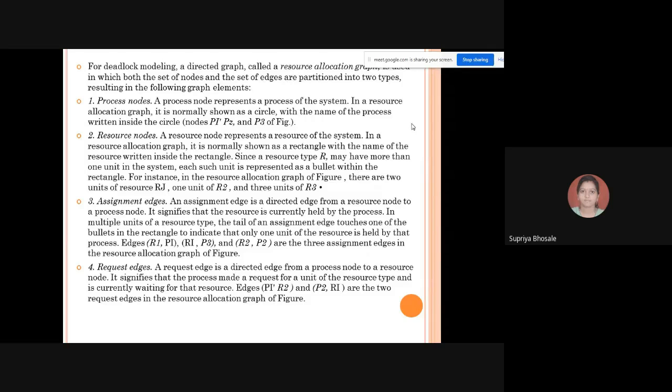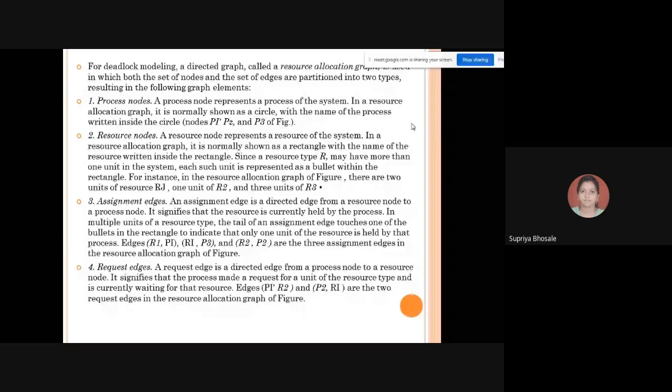Then the resource node. A resource node represents a resource of the system in a resource allocation graph. It is normally shown as a rectangle with the name of the resource written inside the rectangle.